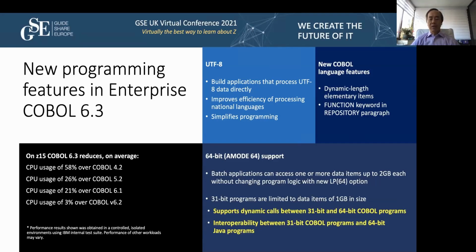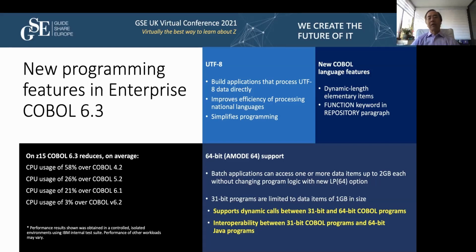So with this facility, you are able to have interactions between 31-bit and 64-bit COBOL programs. So you don't really have to rewrite a lot of COBOL programs as 64-bit or make them separate as you require more addressing space.